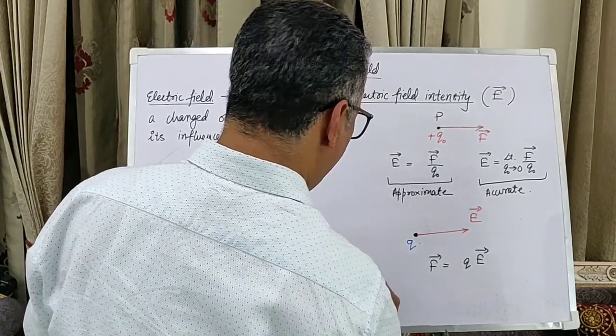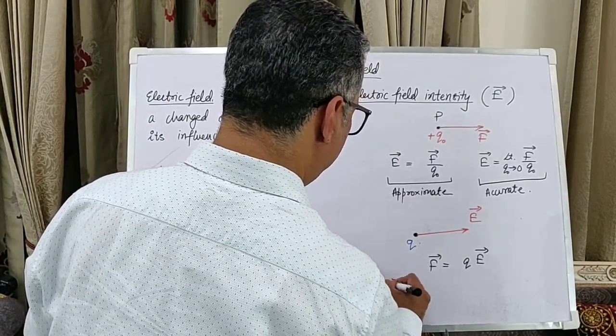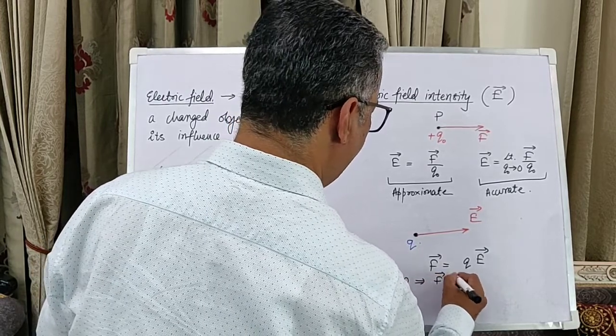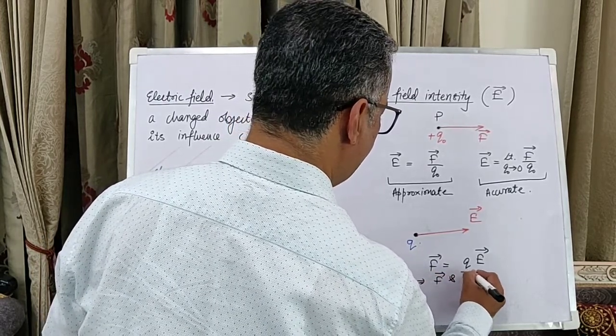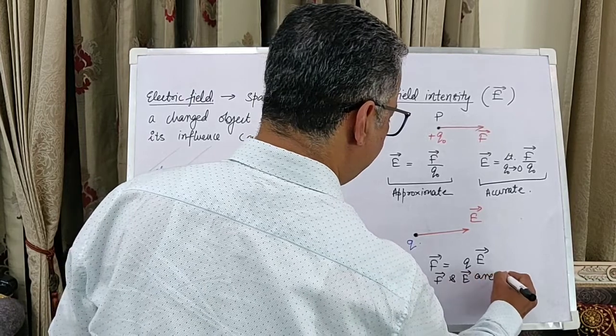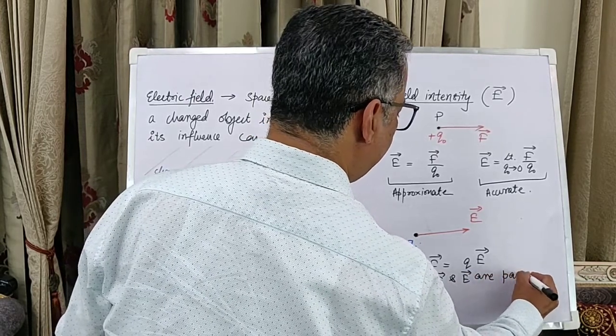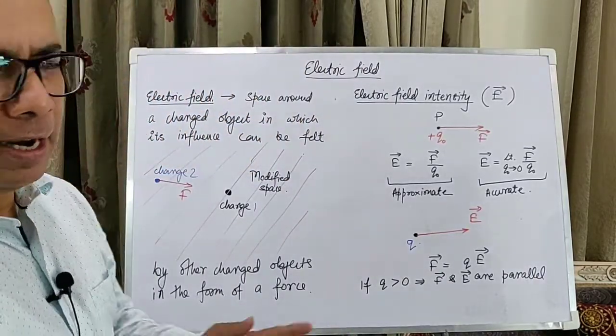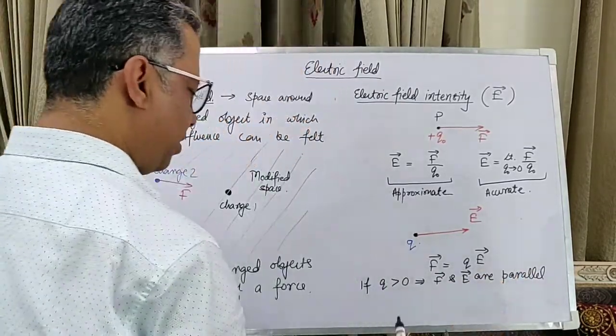So if Q is positive, then F and E are parallel, which means they're in the same direction.